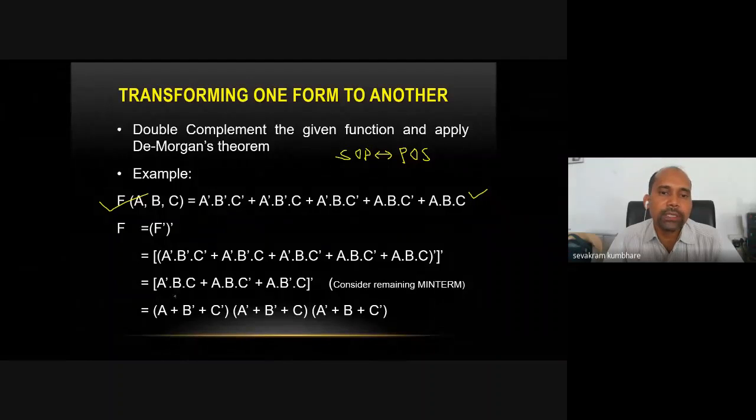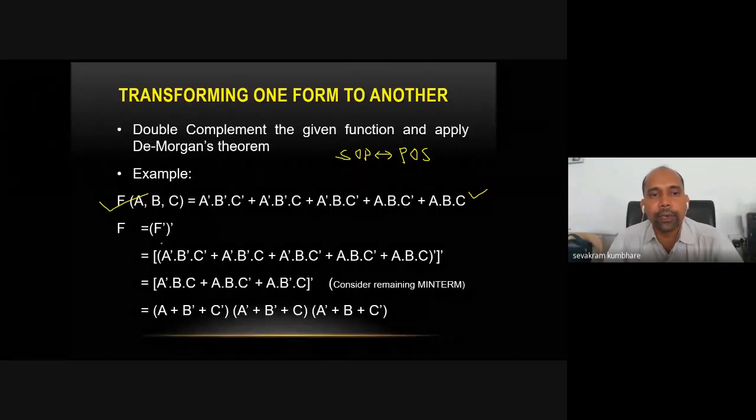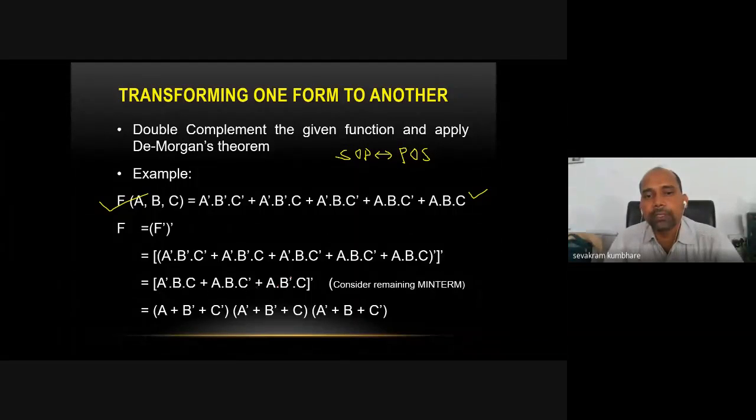So A bar BC plus AB C bar plus AB bar C are not part of this equation. It means these are the complement of this equation. That's why F bar is nothing but A bar BC plus AB C bar plus AB bar C. Now only single complement is remaining. Got this point?